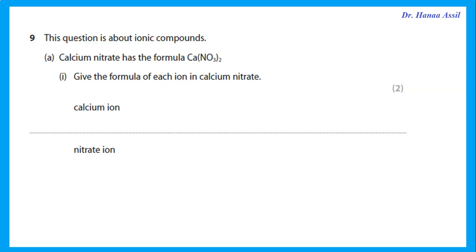The first ion in the compound is usually positive and the second one is negative. So calcium has a formula of Ca2+. The calcium ion is 2+. For the nitrate ion, you should know that the valency is 1, and that means it has 1 negative charge on it.